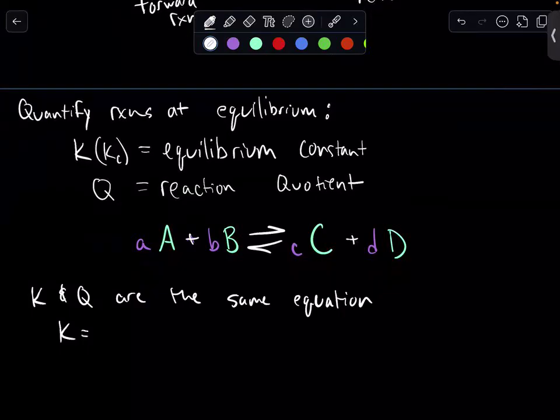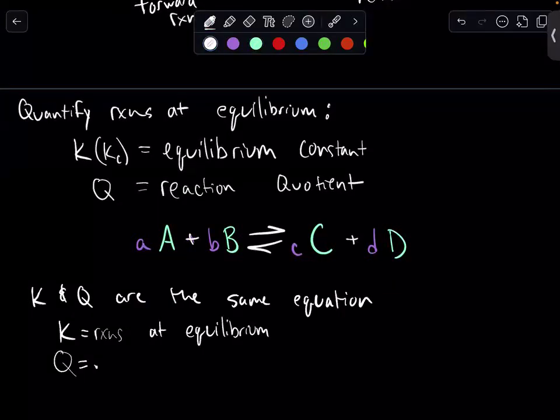K is for reactions at equilibrium, and Q is for reactions not at equilibrium.